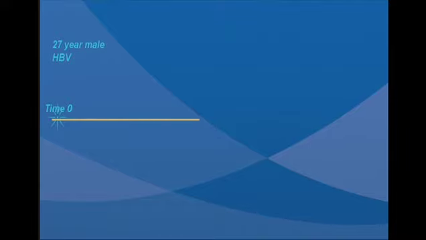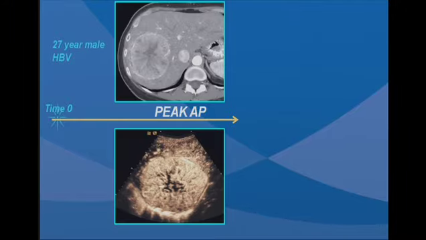So here's a 27-year-old male with hepatitis B virus. If we look at the peak of arterial phase enhancement on a contrast-enhanced CT scan and a contrast-enhanced ultrasound, we can see a concordant image with a non-homogeneous hypervascularity of the mass with a low attenuation area centrally.